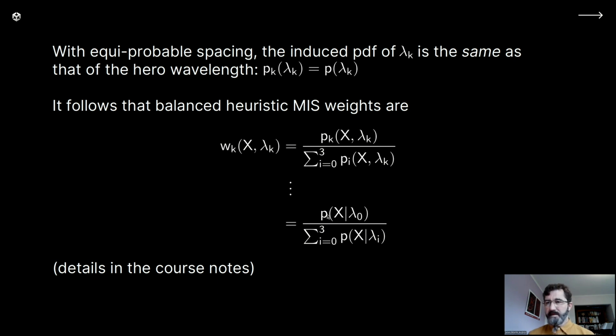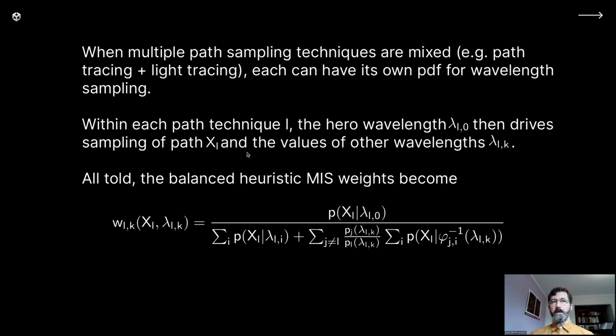One thing worth noting in this formula, we have the conditional probability of the path with respect to the Hero wavelength, because that's how that path has been sampled. It has been sampled knowing the Hero wavelength. But we have also conditional probabilities for the same path, but as if it were built on a different wavelength than the Hero wavelength.